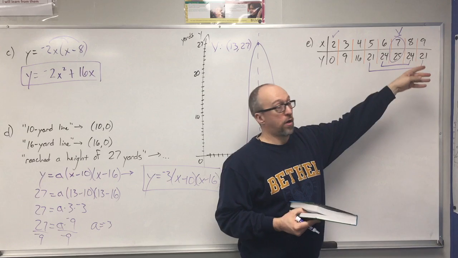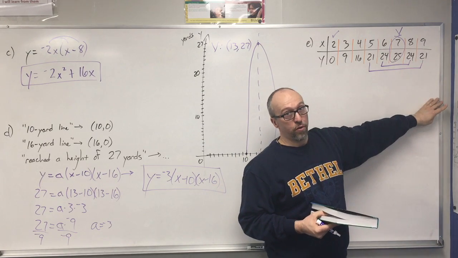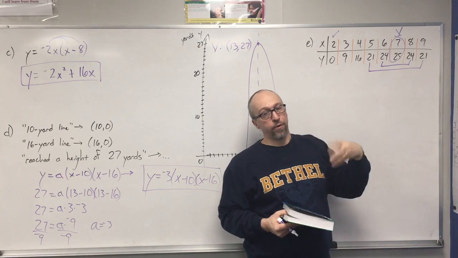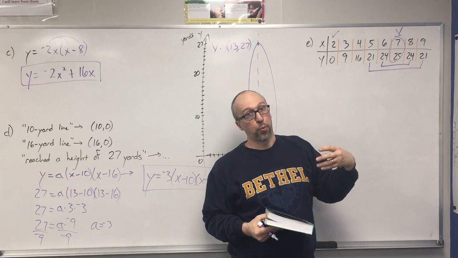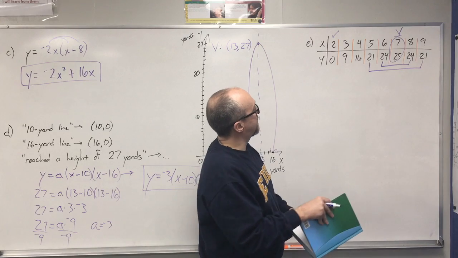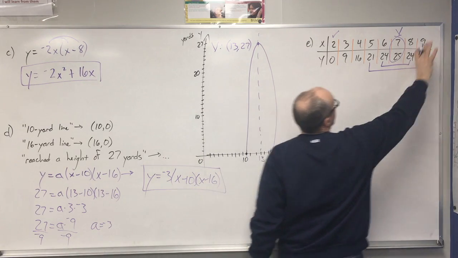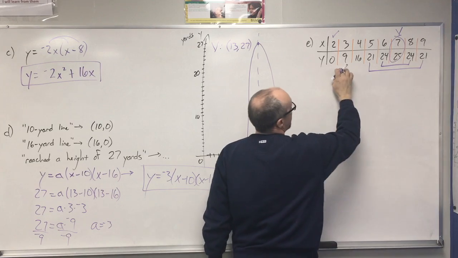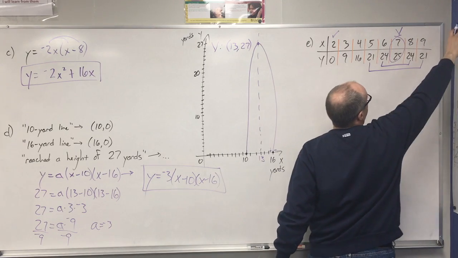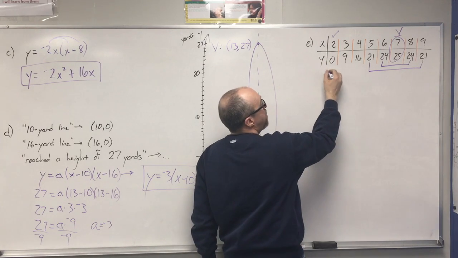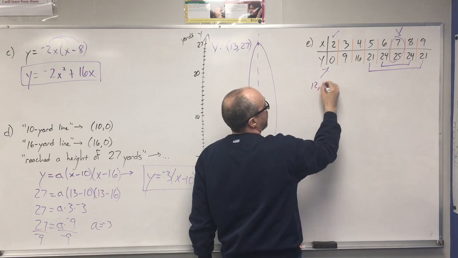I could break down the wall, I could get another dry erase board and screw that into the wall, and I could extend my board, because that's a reasonable thing to do. And I could have 10 and 16, and then I could have 11, 9, and then I could have 12, 0. So I know I have another x-intercept at 12, 0.